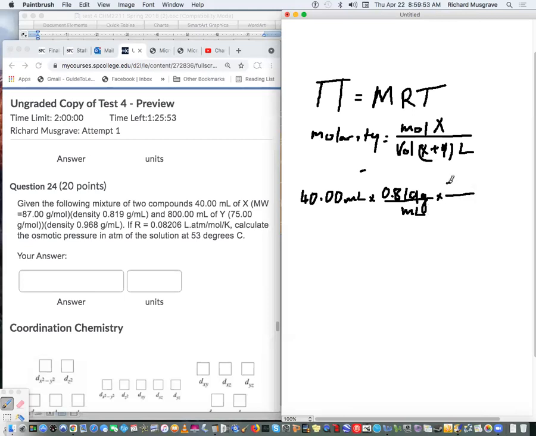And that's times 1 mole over the molecular weight. And this is for X.